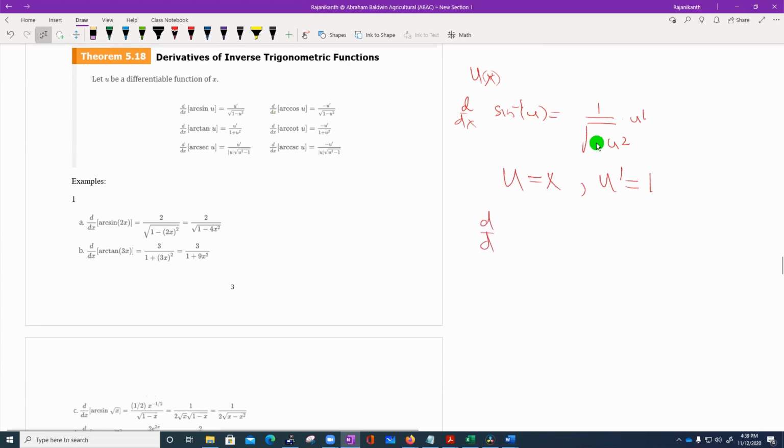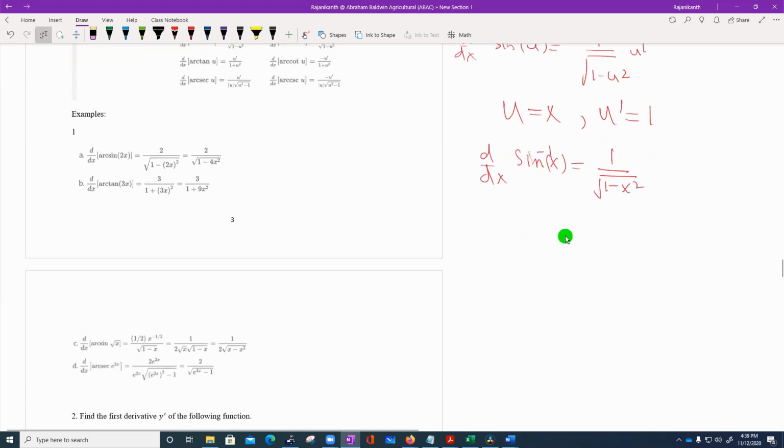The derivative of sine inverse x is simply 1 over the square root of 1 minus x squared. This is the basic formula I'm writing here. The derivative of cosine inverse x is the same thing but negative. The derivative of tangent inverse x is 1 over 1 plus x squared.